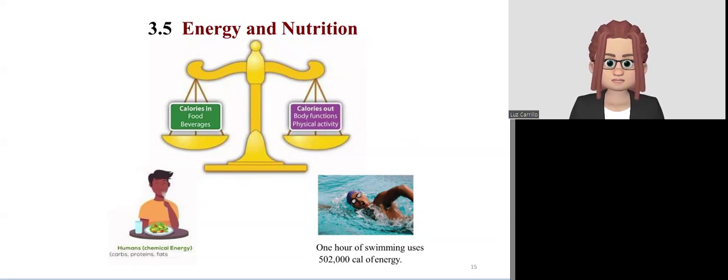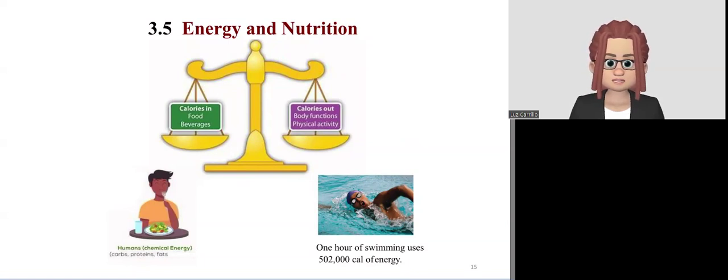food products and beverages. In food products and beverages, we have specifically chemical energy present, and it is stored in the carbohydrates, in other words, carbs, in the proteins, in the fats that are in those food products.